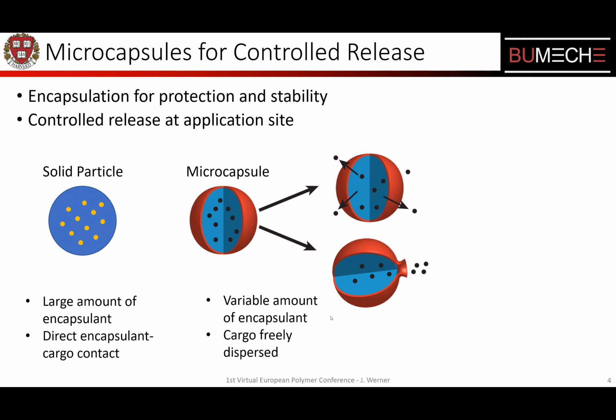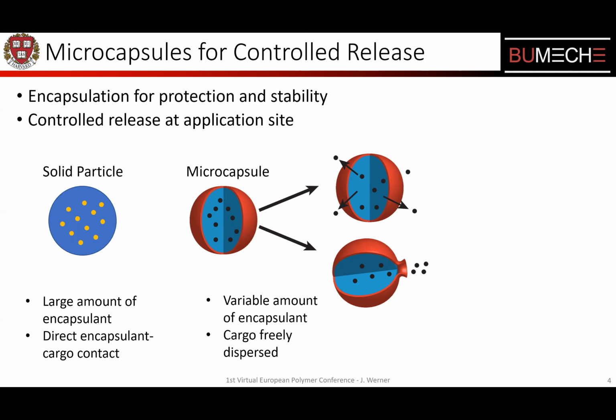At the same time, especially on the tens to hundreds of micrometer scale, the amount of material that encapsulates your active ingredient in the core can be very small compared to the amount of cargo that you can put in it. You can imagine a shell of a micrometer thickness gives you quite a bit of protection at a particle size of 100 micrometers. That is probably less than 10 weight% of that capsule.